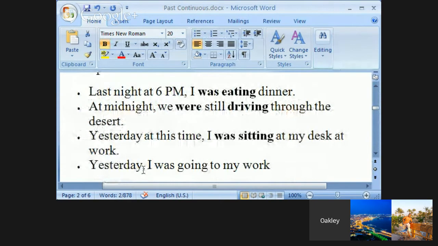So this doesn't quite work. In other words, you'd have to say something like yesterday at a specific time, whatever, 9 a.m., for example. I was going to my work, like that.